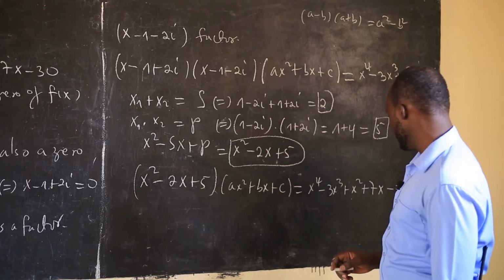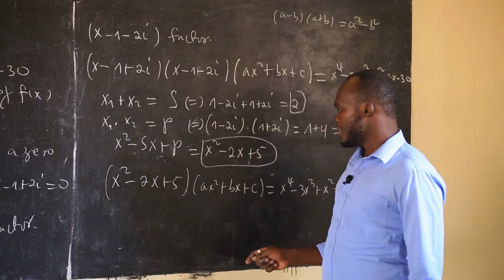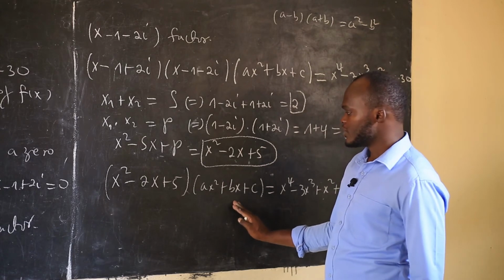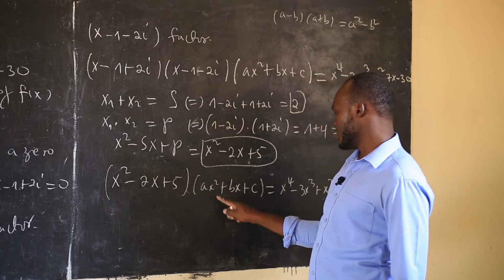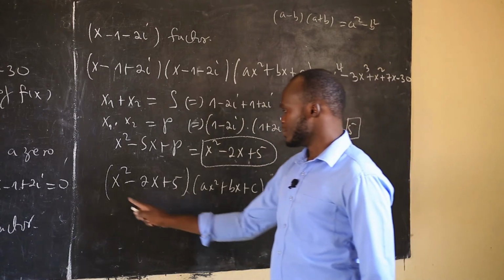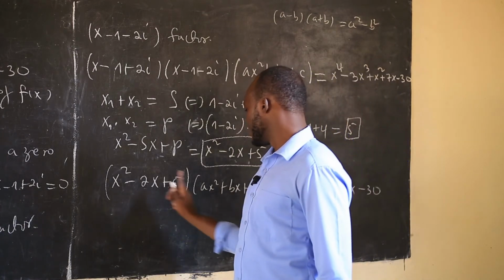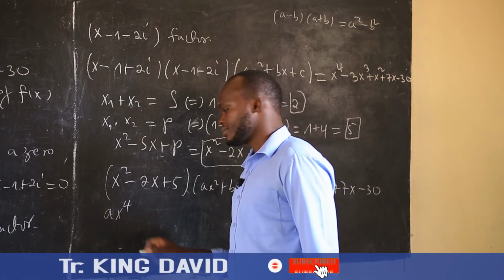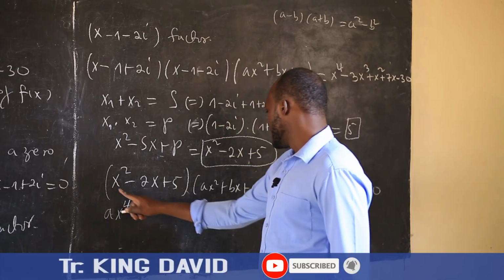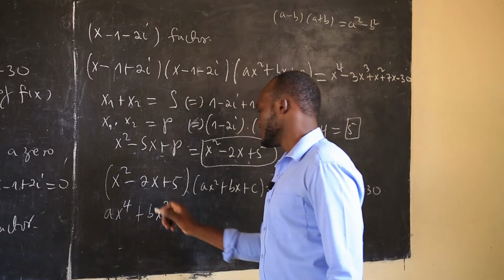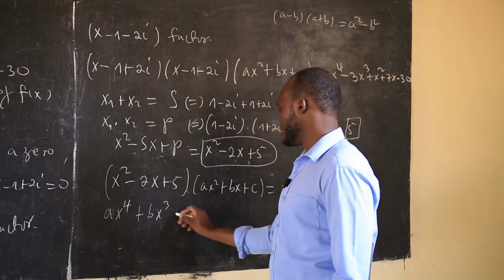Okay. So why have I multiplied this with this quadratic equation? If this is a quadratic equation, I need another quadratic equation to get the fourth degree. That's why I have done that. So I'm going to expand. x squared times ax squared, that is ax power 4. x squared times bx, that is bx power 3. x squared times c, that is cx squared.